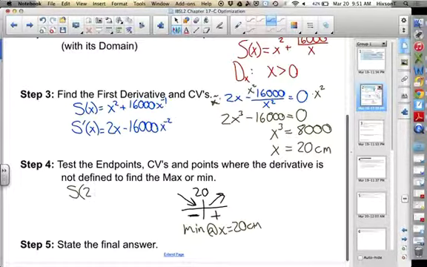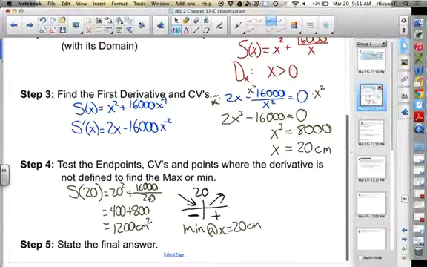S of 20 is going to equal 20 squared plus 16,000 divided by 20. Well, that's 400 plus 800. So I only have 1,200 square centimeters. And it's squared because we're talking about area. So that's the final answer.